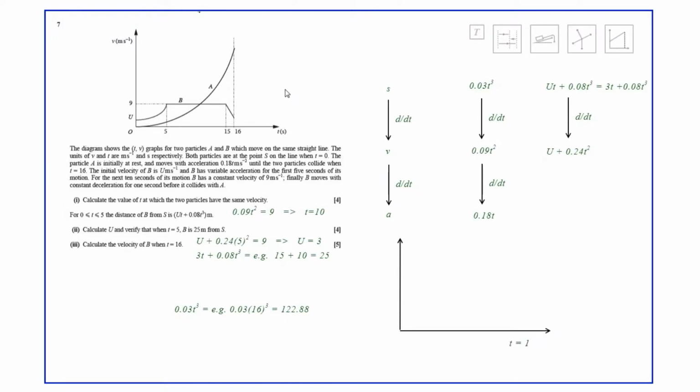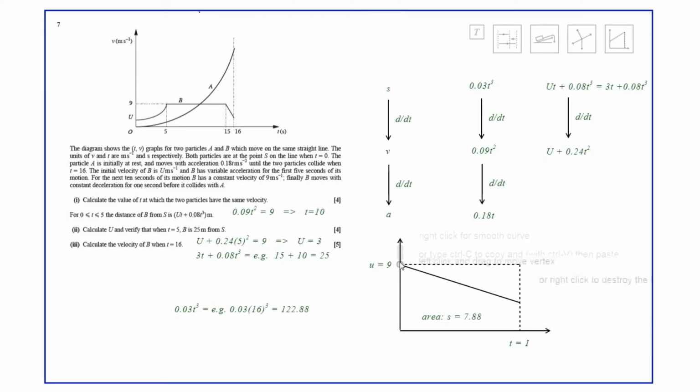Let's zoom in on that final trapezium. It's coming from an initial velocity of 9 down to, we don't know, would be nice to find out. But we know that the area of the trapezium is 7.88, and we know that the time is a total of 1. So the horizontal height, as it were, of the trapezium is 1.